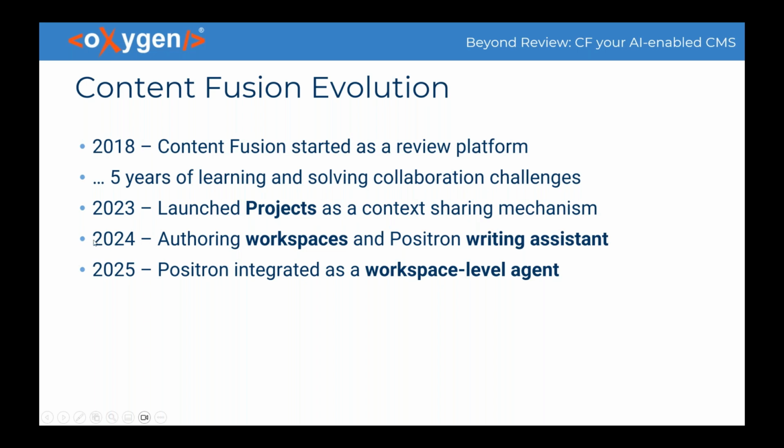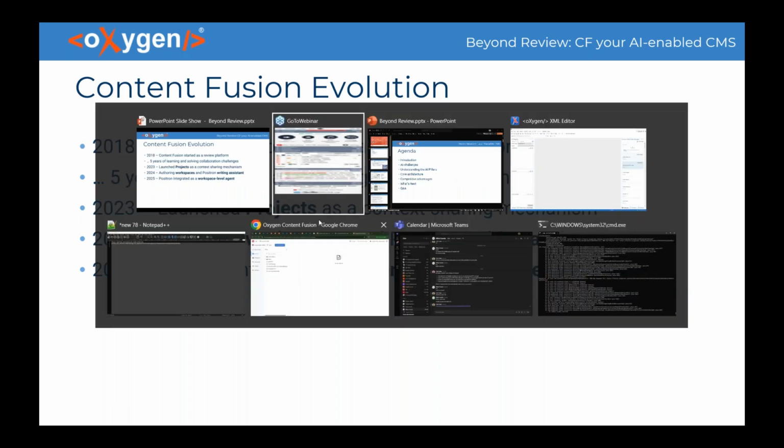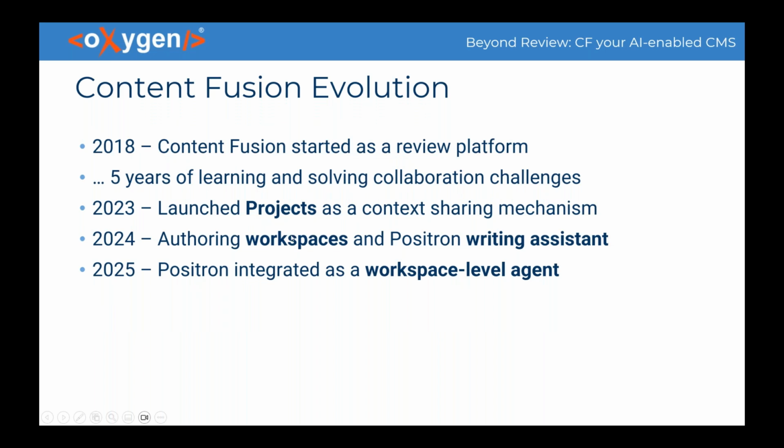Then we started to iterate on this projects functionality to enable technical writers to take advantage of an authoring workspace, which is hosted in the cloud, and also integrated Positron as a writing assistant in an editor side view.